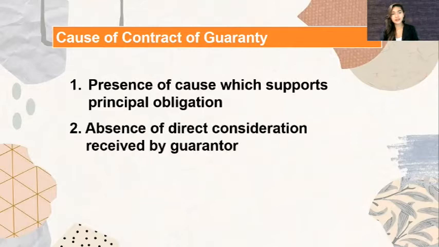Number two is the absence of direct consideration received by the guarantor. The guarantee or surety agreement is regarded as valid despite the absence of any direct consideration received by the guarantor or surety, either from the principal debtor or from the creditor.